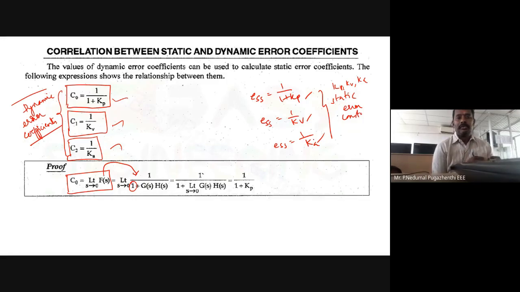And today we have started, because of some disadvantages of using static error constants for steady state error, overcoming those disadvantages by introducing the dynamic error coefficients or generalized error coefficients, and we have found a relation between the static error coefficients and dynamic error coefficients also. Any doubts in the discussion?